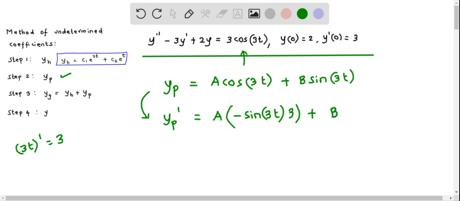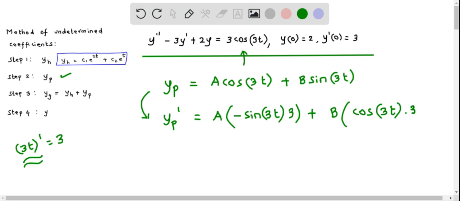Now I put this b, and then find the derivative of sine 3t. Here also we have to apply the chain rule. Derivative of the sine function is the cosine function, so I put cosine of the inner part, which is 3t, and then once again apply the chain rule to find the derivative of 3t, which is 3.